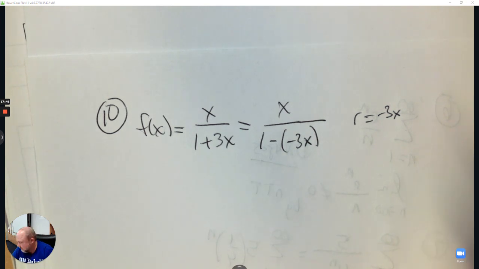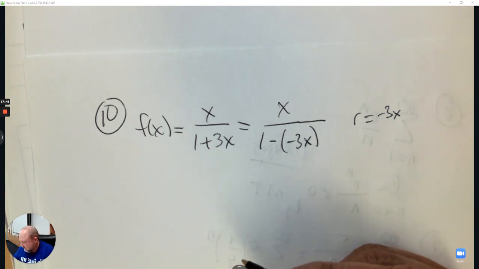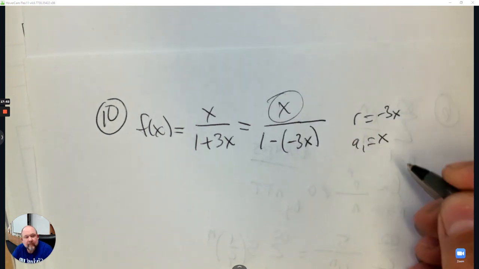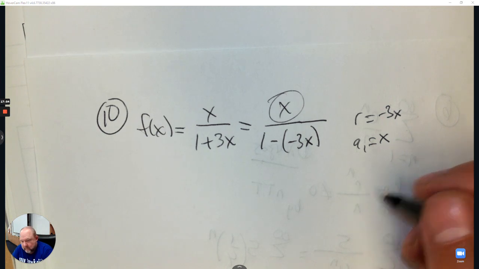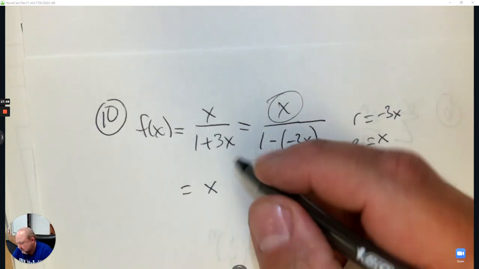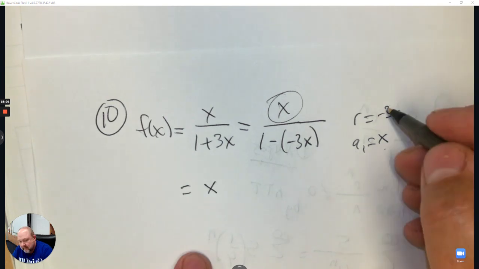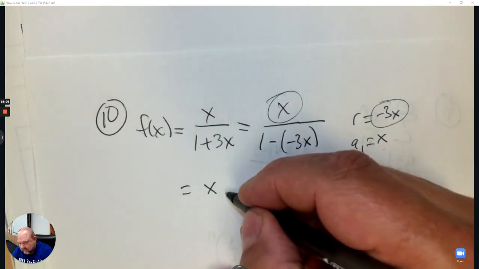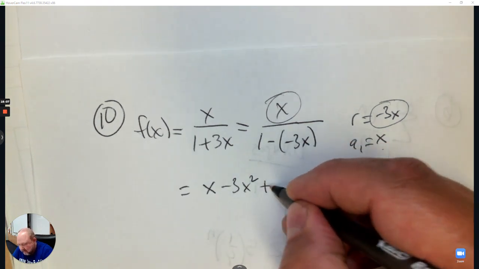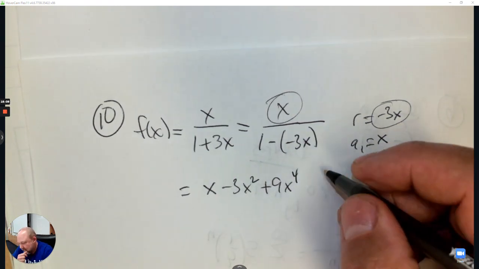The first term is the numerator. So the first term would be x and then multiplied by negative 3x. So that'd be negative 3x squared, multiplied by negative 3x. That's positive 9x to the 4th.